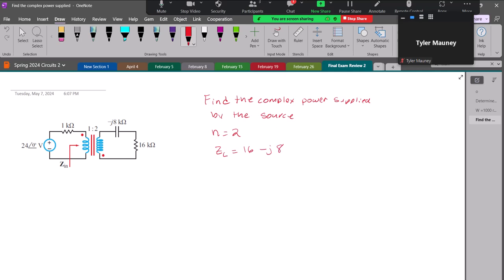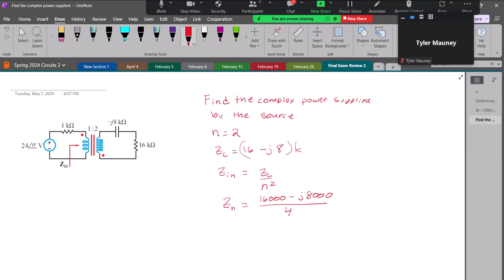16 minus j8 kilohms. So we know Zn equals ZL over N squared, or Zn equals 16,000 minus j8,000 over 4. So that equation doesn't become negative, it's only the voltage and current.